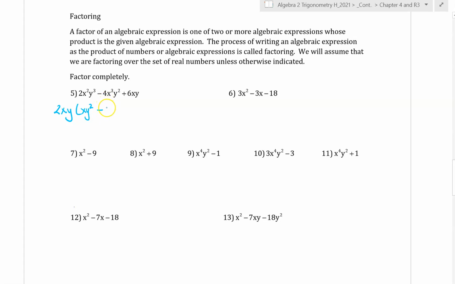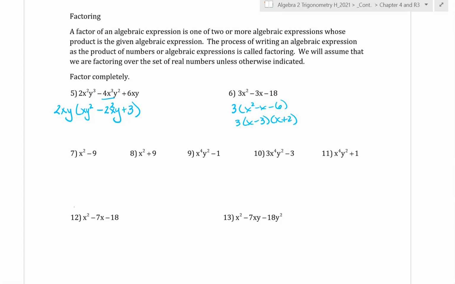And for the second term, you would need a 2x squared y to multiply by 2xy to get negative 4x to the third y squared. And 3 times 2xy is 6xy. So notice we can't factor it anymore. That's it. Why don't you go ahead and pause the video and try number 6. Make sure you factor completely.